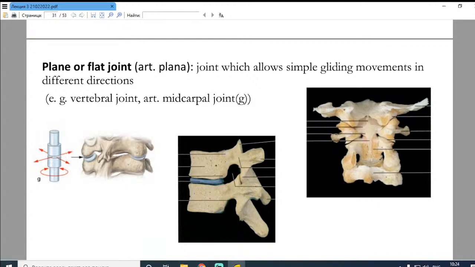This is a thoracic section, plane joint between the inferior and superior processus articularis, superior and inferior.